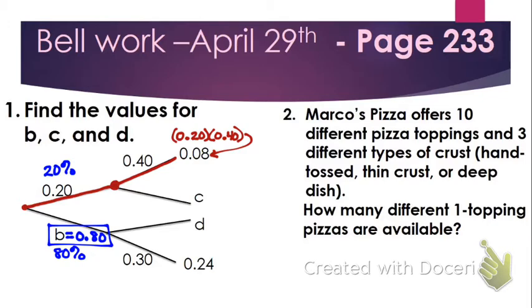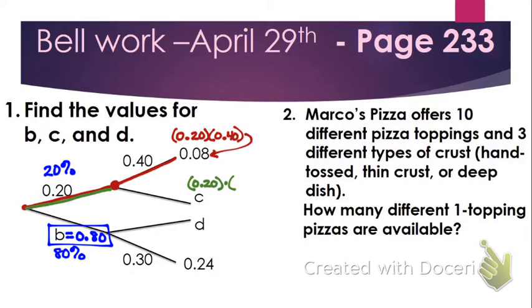So we still need to find C and D. You guys told me that the probability that we take this first top path is what? What's the probability that we travel this path? 20% right here. So for C, I know I'm going to need to multiply 20% with whatever the probability is of this path.